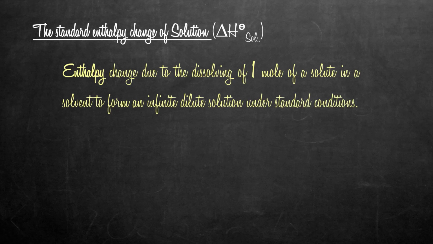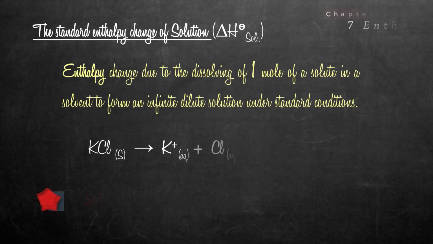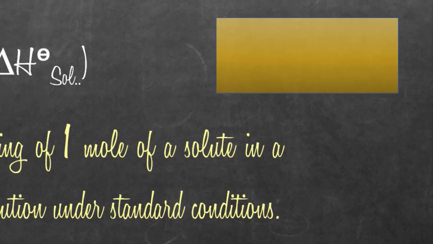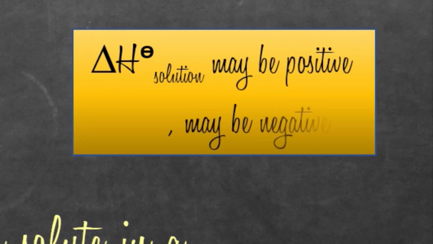For example, when potassium chloride solid is dissolved in aqueous medium to make potassium aqueous ion and Cl aqueous ion, or it can also be written as KCl potassium chloride aqueous. Enthalpy change is known as enthalpy change of solution. Enthalpy change of solution may be positive, sometimes it may be negative.